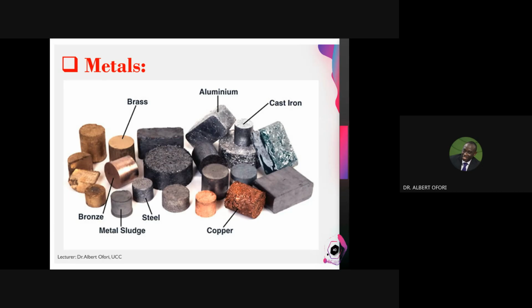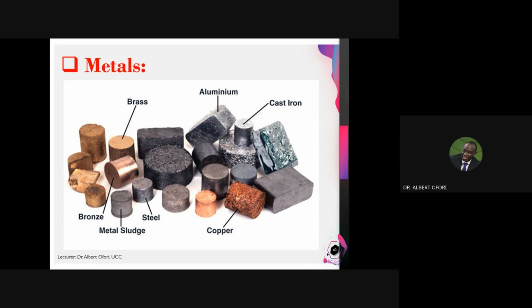So we have combinations of metals called alloys, and when we don't combine them, we call them pure metals. Let me ask you some general properties of metals before I talk about the combinations of metals.